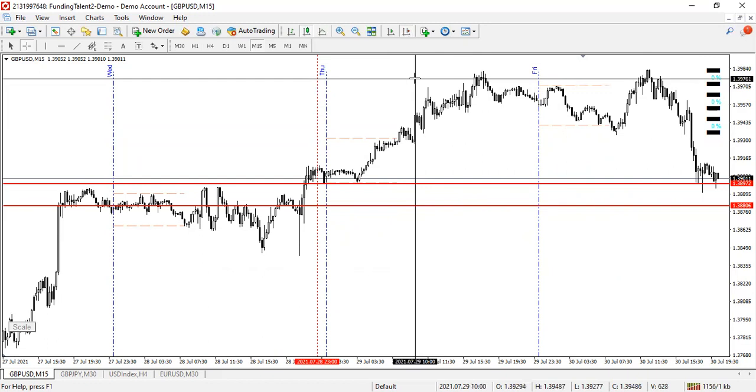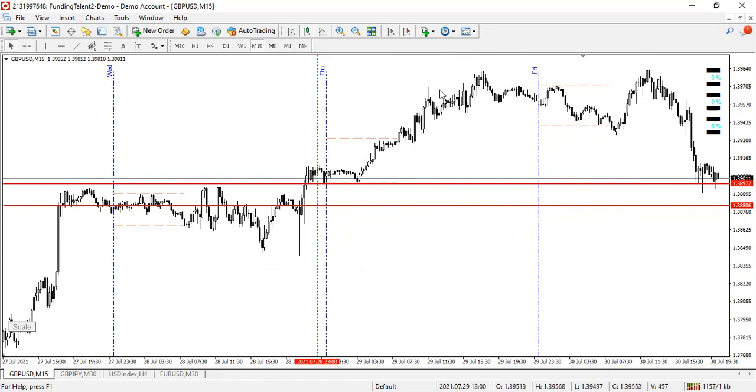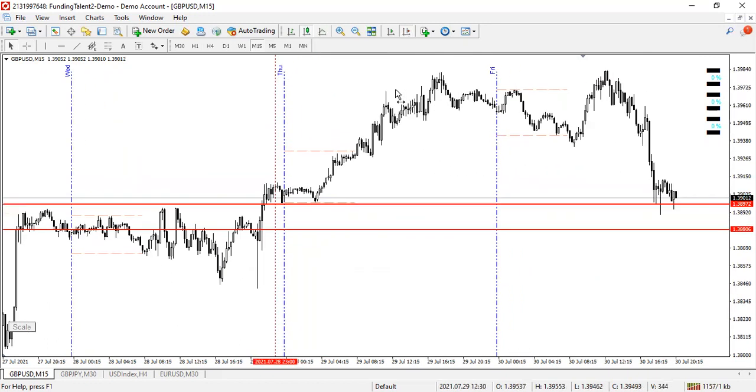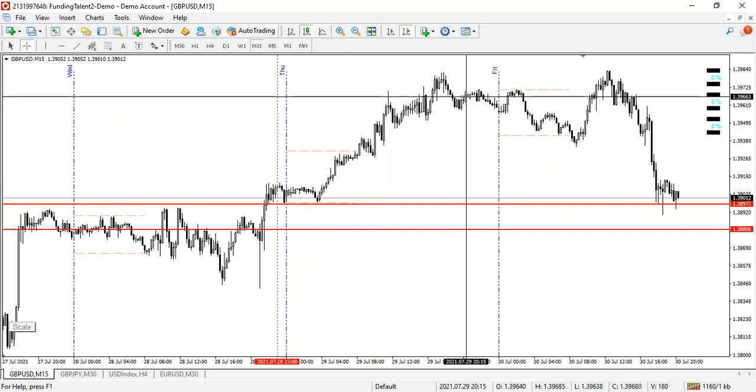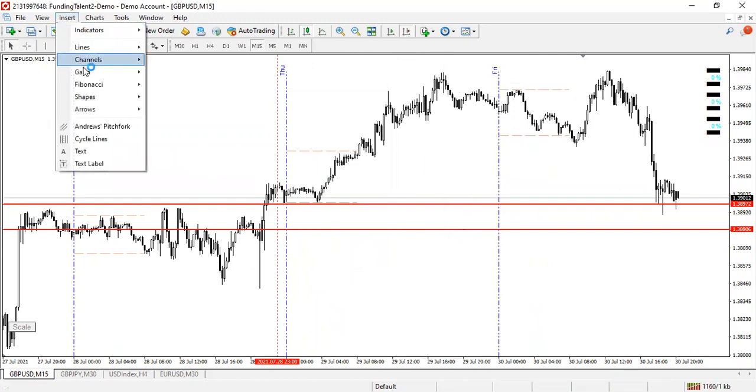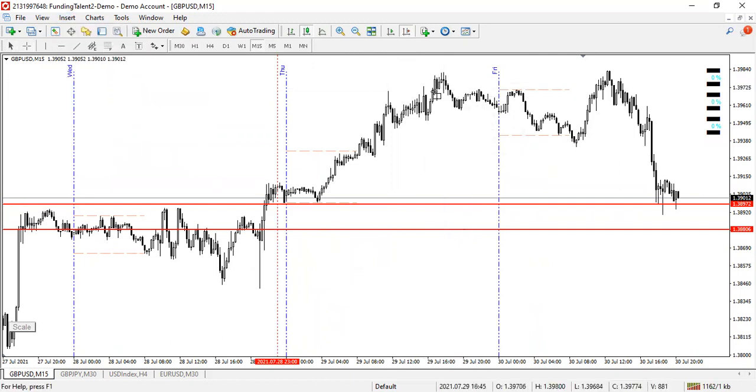So 29th was bullish, but we did not get an entry. We have a very strong signal that we are turning around, because on 29th they created a supply zone here. This was a very, very strong sign that on Friday, price would fall.